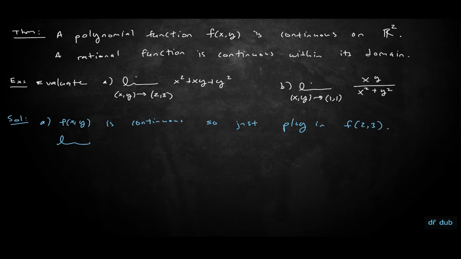So the limit as xy goes to 2, 3 of this function x squared plus xy plus y squared is just going to be 2 squared plus 2 times 3 plus 3 squared, which is 4 plus 6 plus 9, which is 19. So if the function is continuous, we can just plug in the point. Good to go.